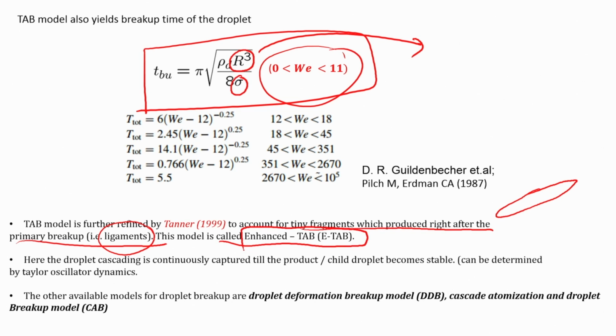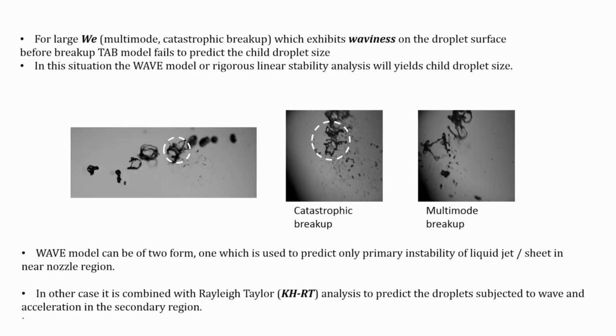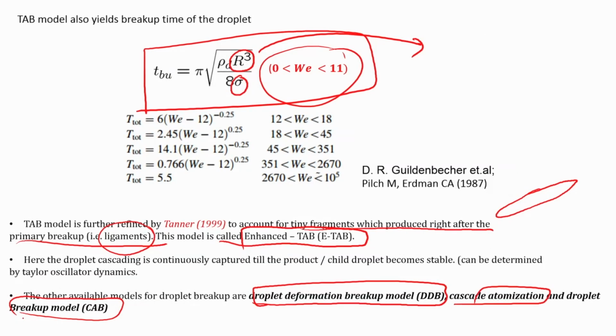And there are other breakup models also, like the droplet deformation breakup model DDB, and the cascade atomization and droplet breakup model or CAB, but these models are all for the low Weber number kind of spectrum.